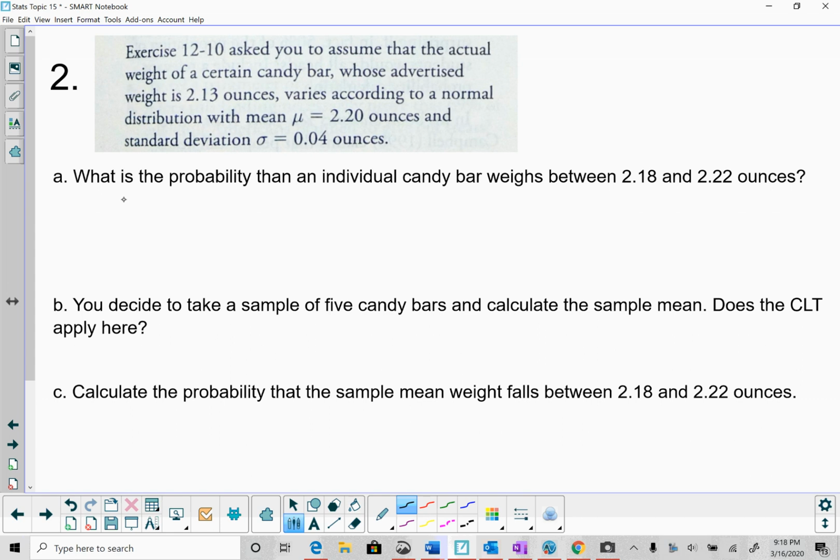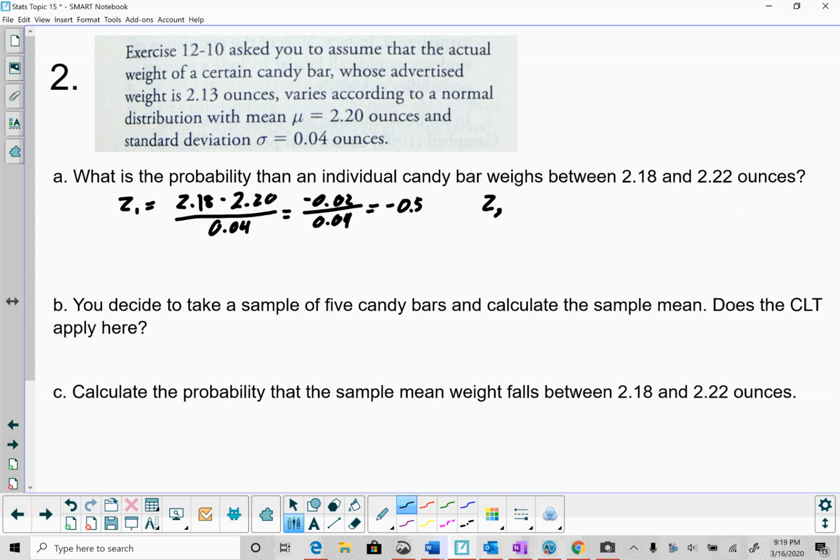So again, for the first one, we're going to take the given, subtract the mean, and divide by the standard deviation, 0.04. Well, in our numerator here, isn't that negative 0.02 divided by 0.04? That's negative 1/2.